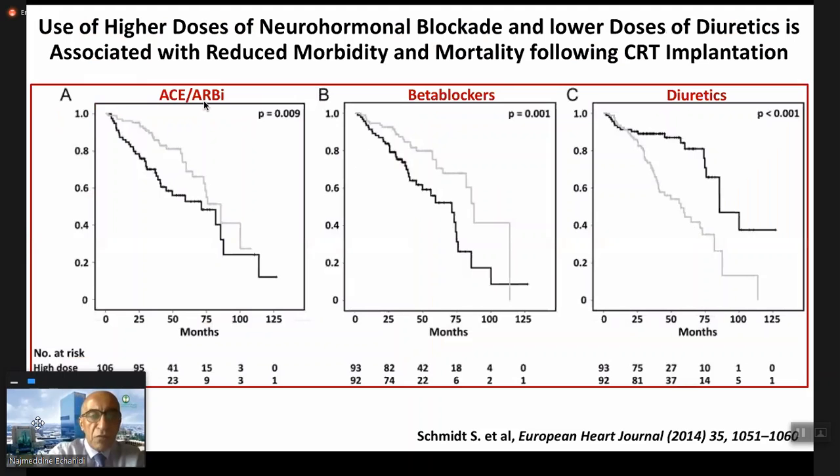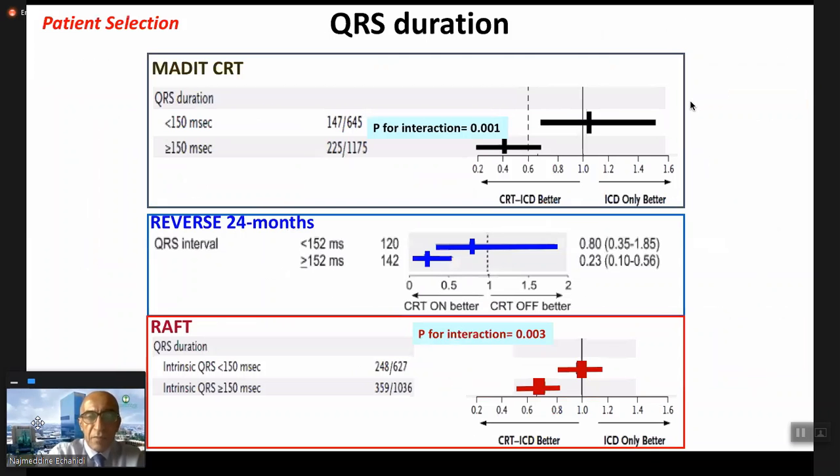Just by increasing the neurohormonal blockade, by increasing the dose of ACE inhibitor or beta blocker and decreasing diuretics, most likely we will be able to improve their outcome.